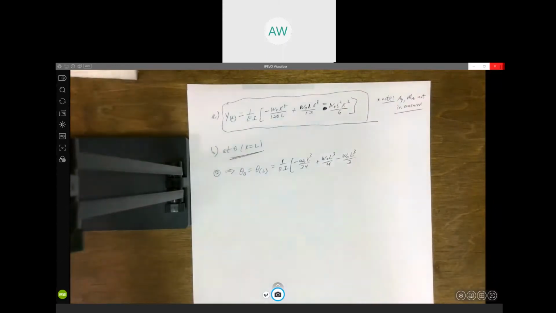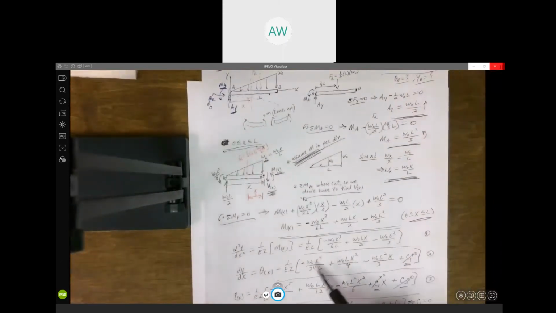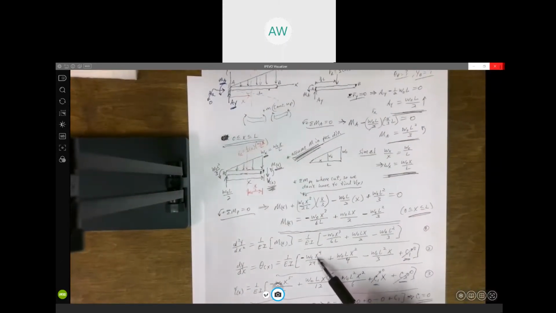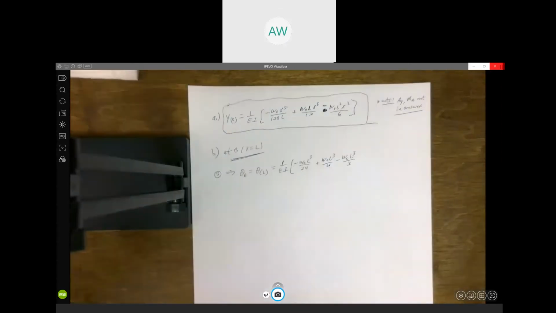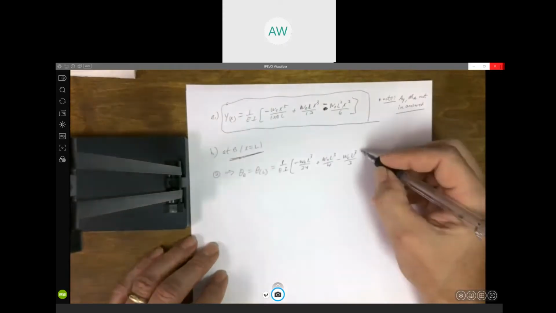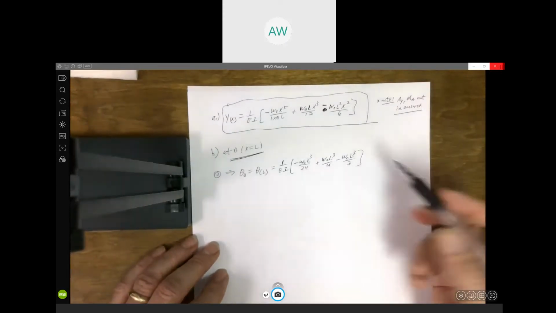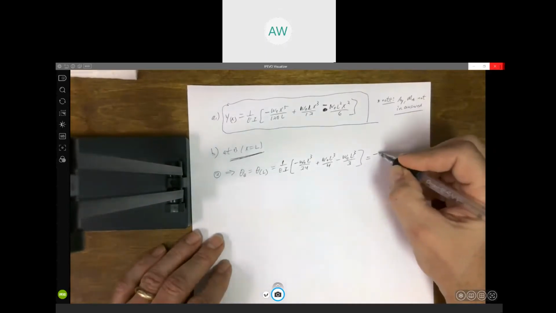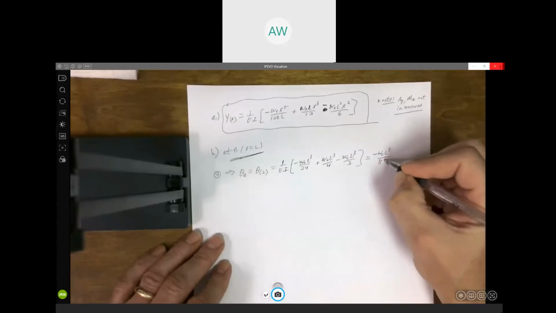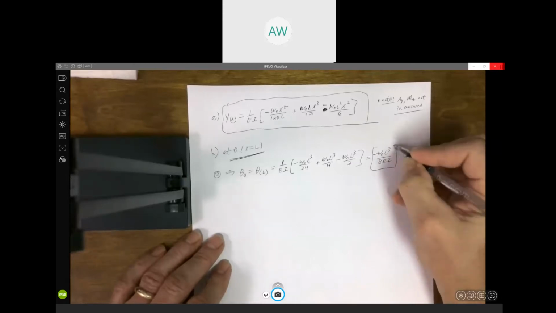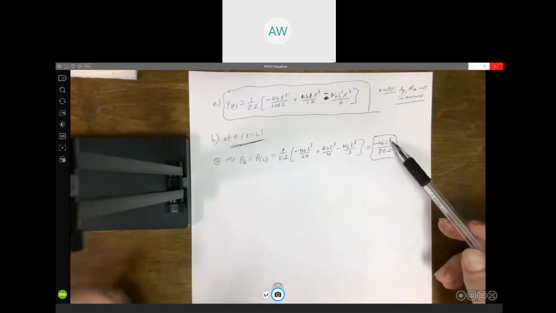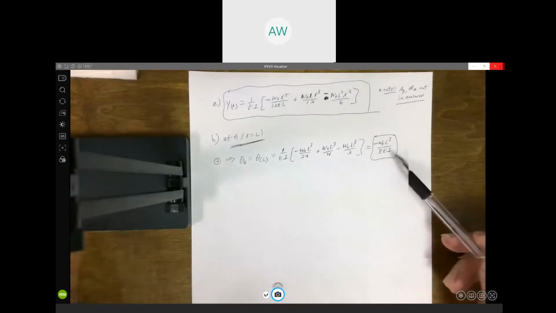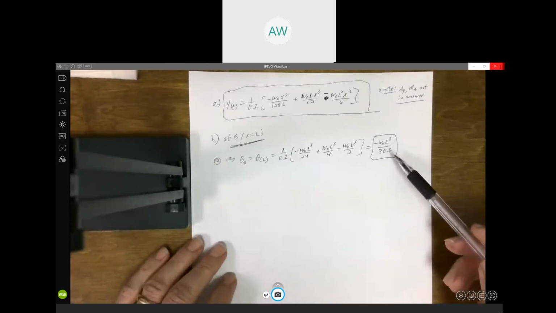All I've done is go back to this equation, and where there's an x, I'm plugging in L. That's it. Those are all similar terms. You can get a common denominator. Again, due to time, we'll skip going through the math. I got W naught L cubed over 8 EI. Again, it's just terms in L, W naught, E's, and I's. There's no unknown support reactions in there.